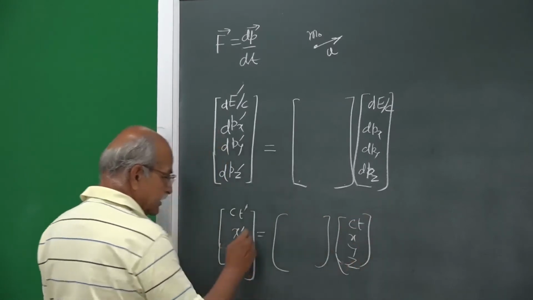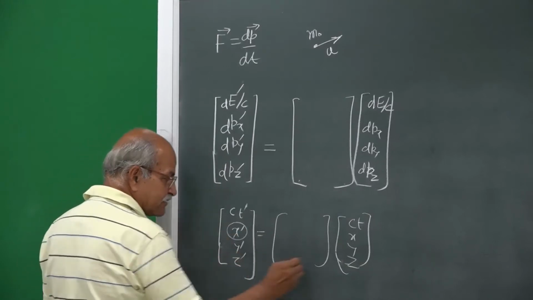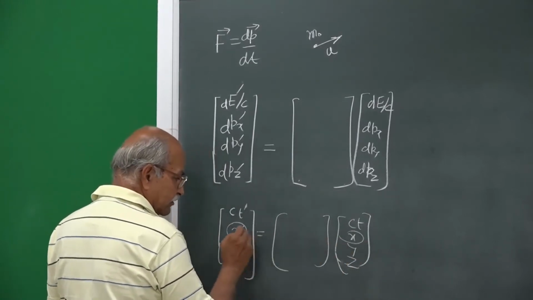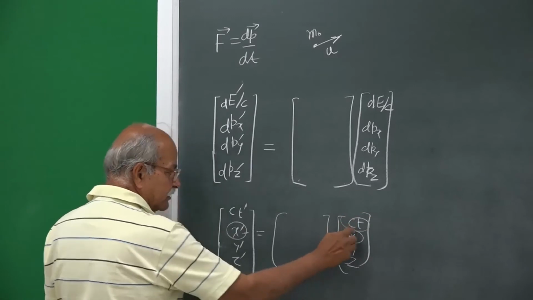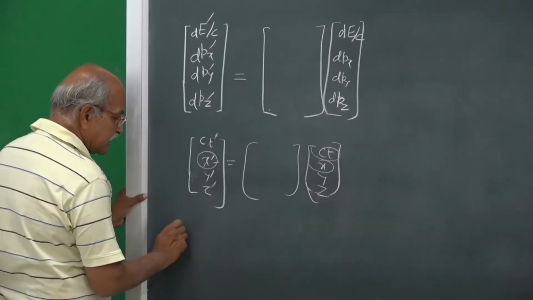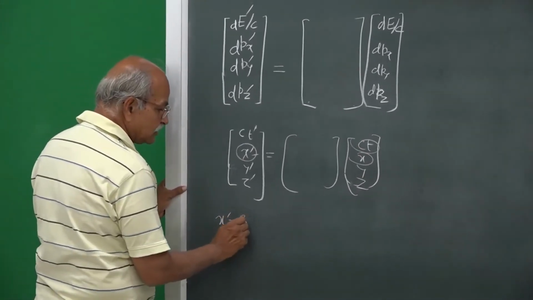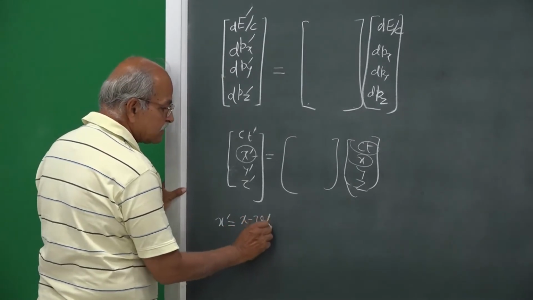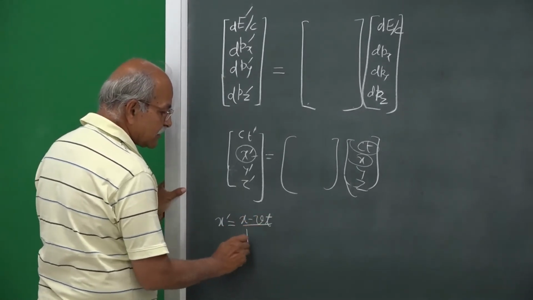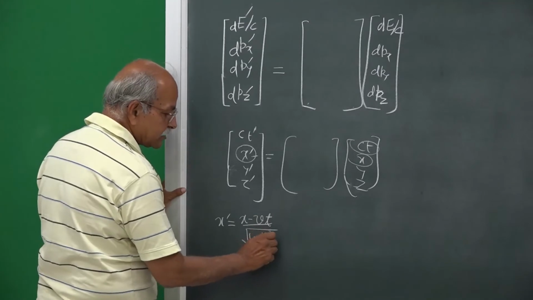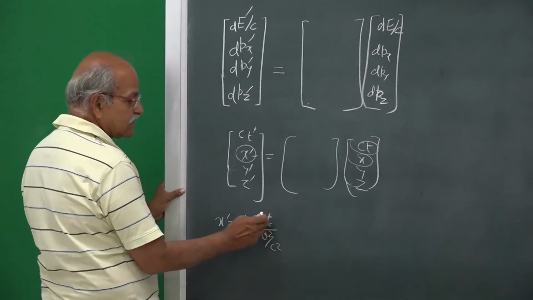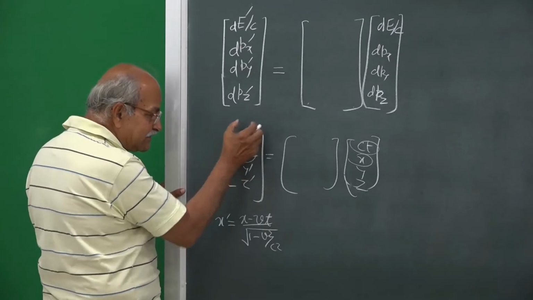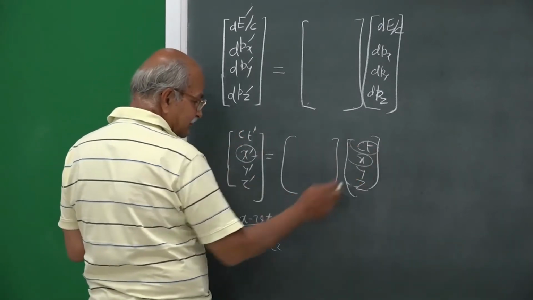And then look at this transformation, this one, for this it will have these two terms: x prime is equal to x minus Vt divided by square root of 1 minus V²/c², and this t is this ct divided by c. Okay.